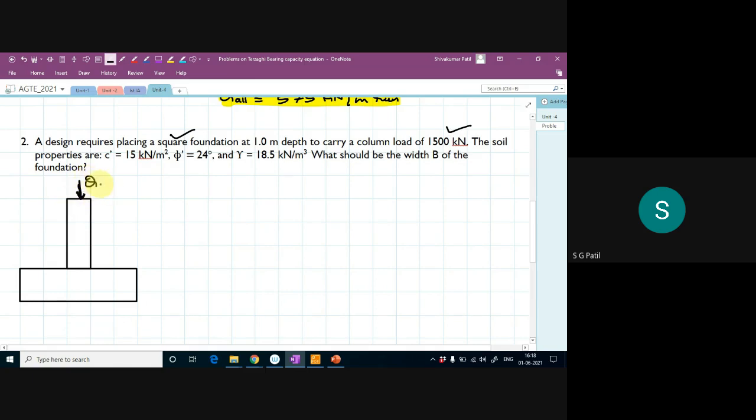This Q is equal to 1,500 kilonewton. It's a square foundation. So what is the width of foundation? Your B is unknown, and your depth will be 1 meter.